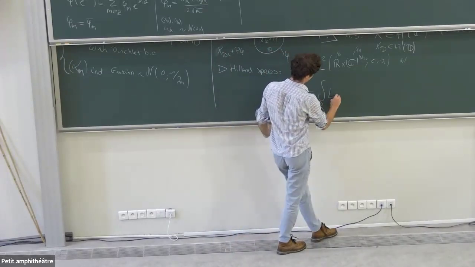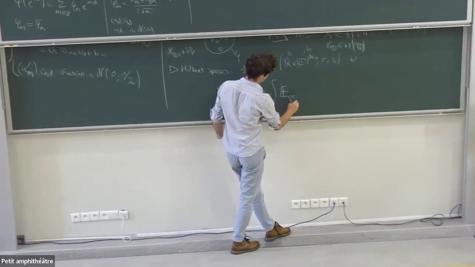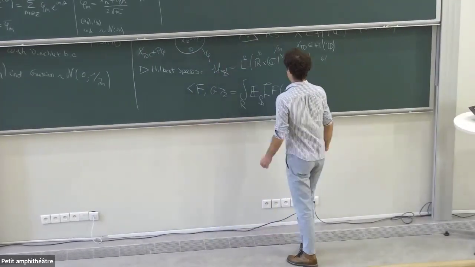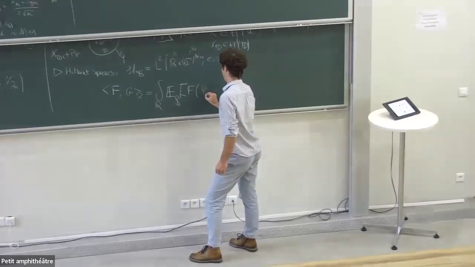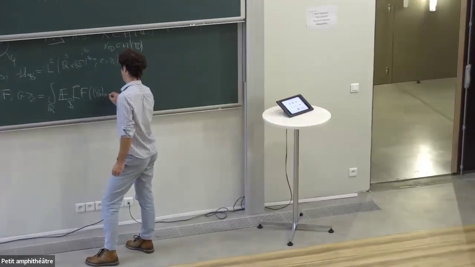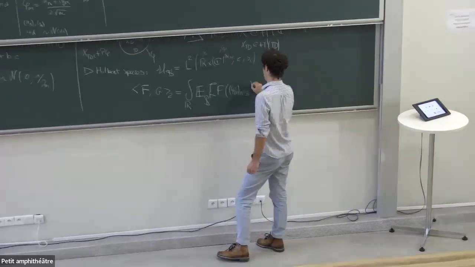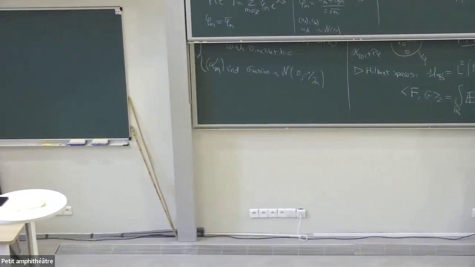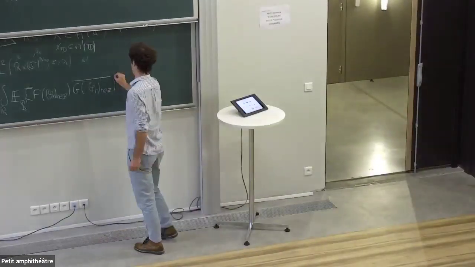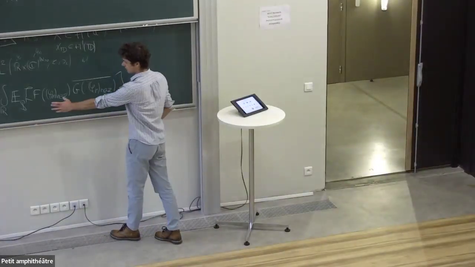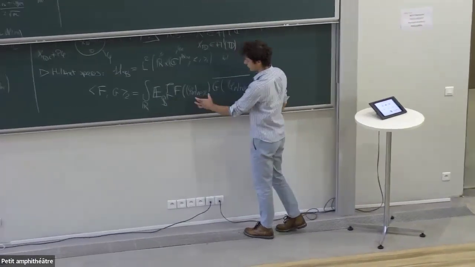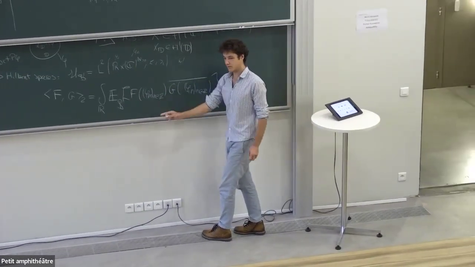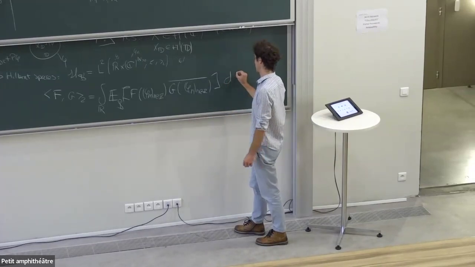Order F, expectation of F of, so we modify n in Z, g of phi n. So this probability measure takes into account all the modes that are not zero, and for the 0, I integrate with respect to the Lebesgue measure.